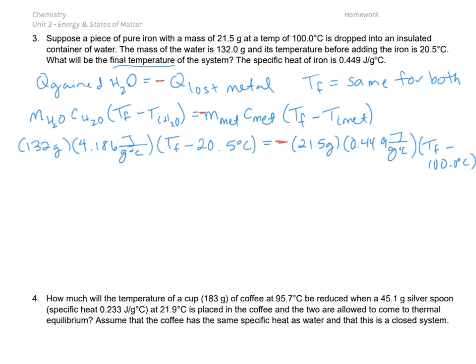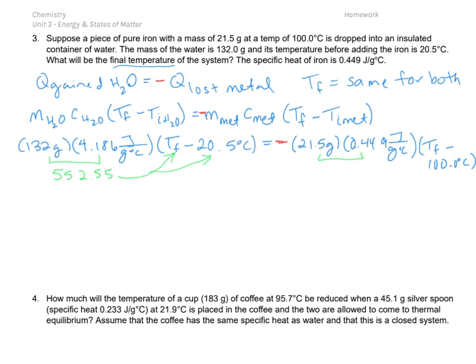So from here, we need to do some algebra. First, we will multiply the two numbers in front of the parentheses. So 132 times 4.186, and I'm going to drop my units here just to make life easier. That ends up being 552.55. Notice I'm not rounding to sig figs until the end. Then I will distribute that number across the parentheses, and I will do this on both sides.